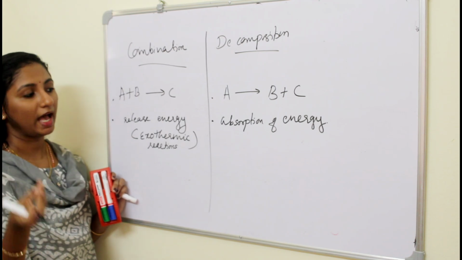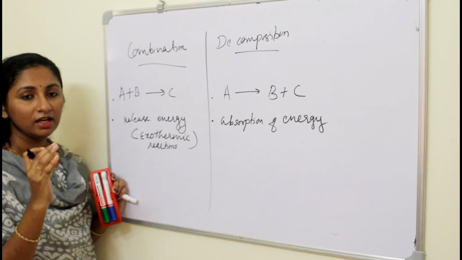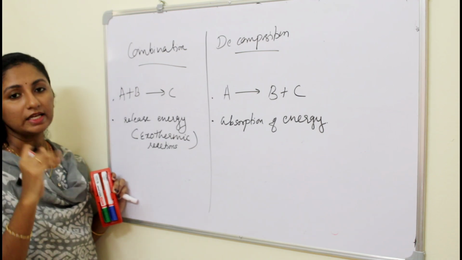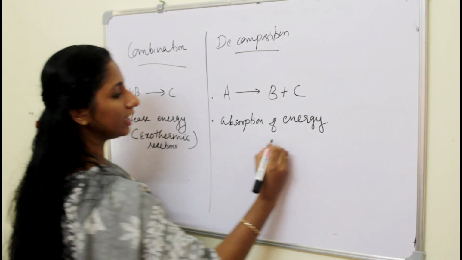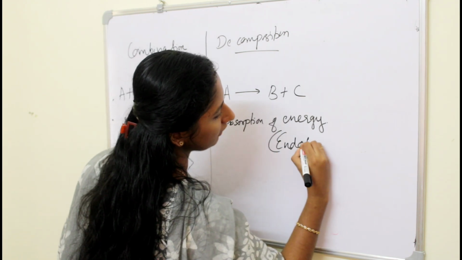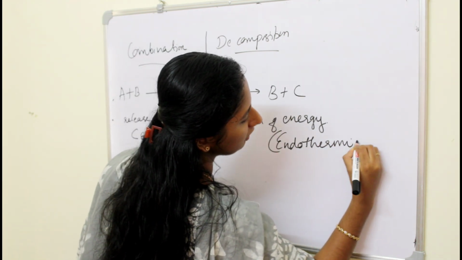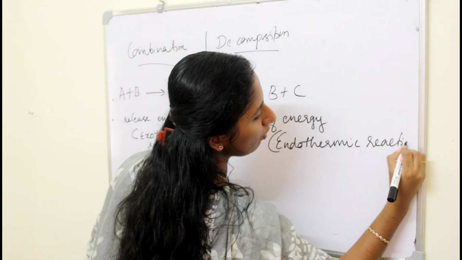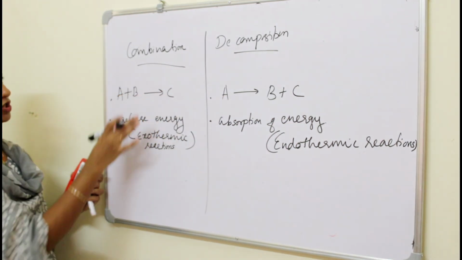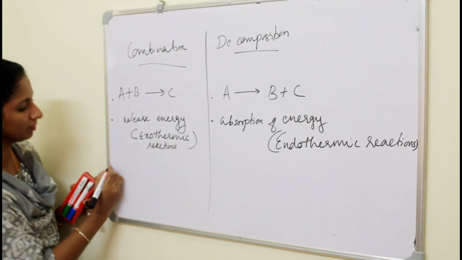Exothermic reaction. And if within a chemical reaction, that chemical reaction is done by the absorption of energy, such type of chemical reaction we can call it as endothermic reactions. Endothermic reactions. Okay. So most of the decomposition reactions are endothermic reactions, and most of the combination reactions are exothermic reactions.